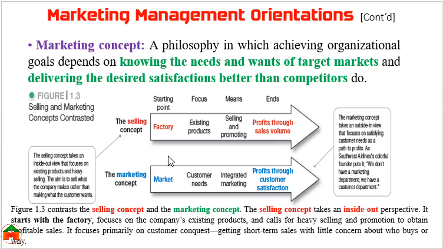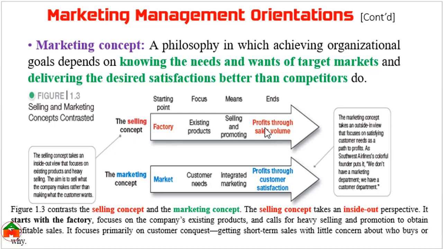Here is a diagram which is comparing the two concepts. One is the selling concept, another one is the marketing concept. In the previous slide we learned the selling concept, and in this slide we are discussing the marketing concept. In the selling concept, the company follows the inside-out process.